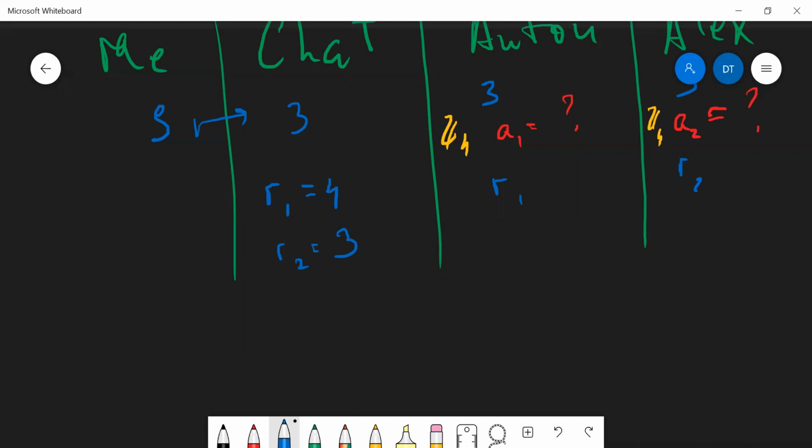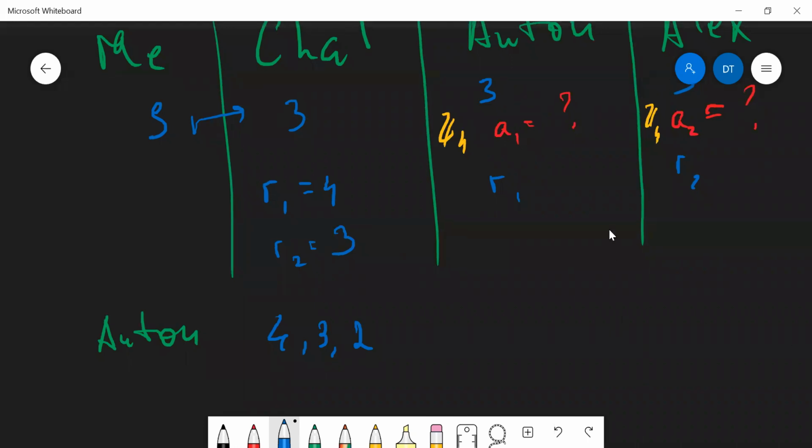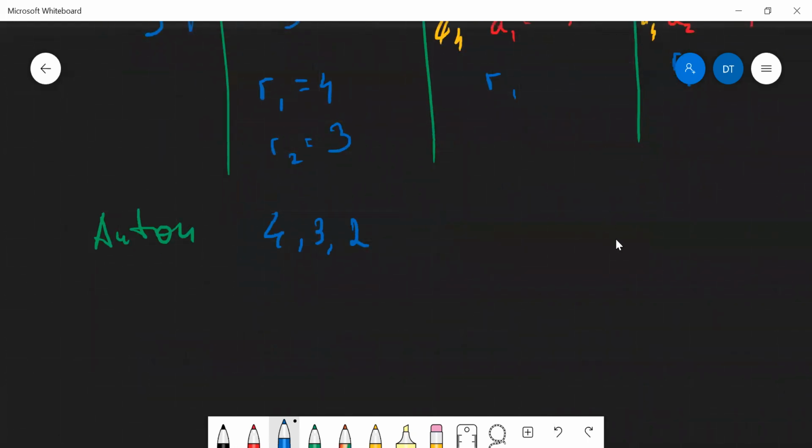This is for Anton. His public key is 4, so for this public key I will use 432. Anton, I want you to decrypt my message, but do not tell anyone the answer.